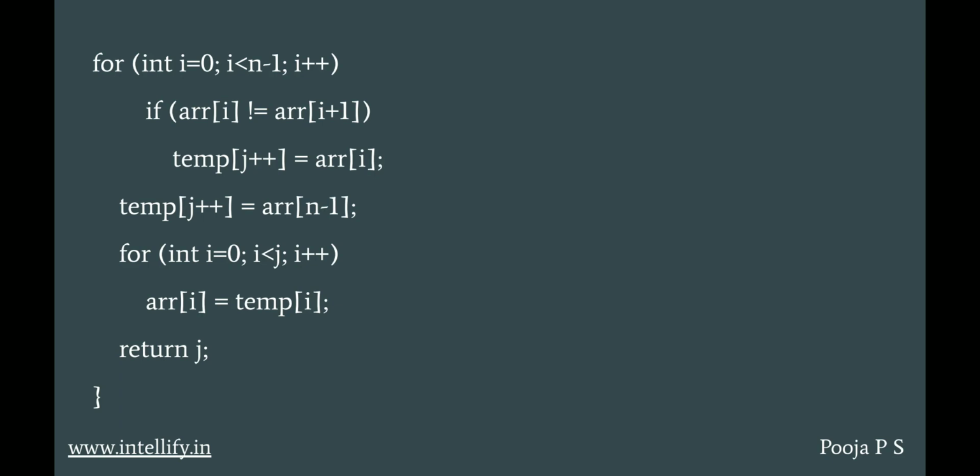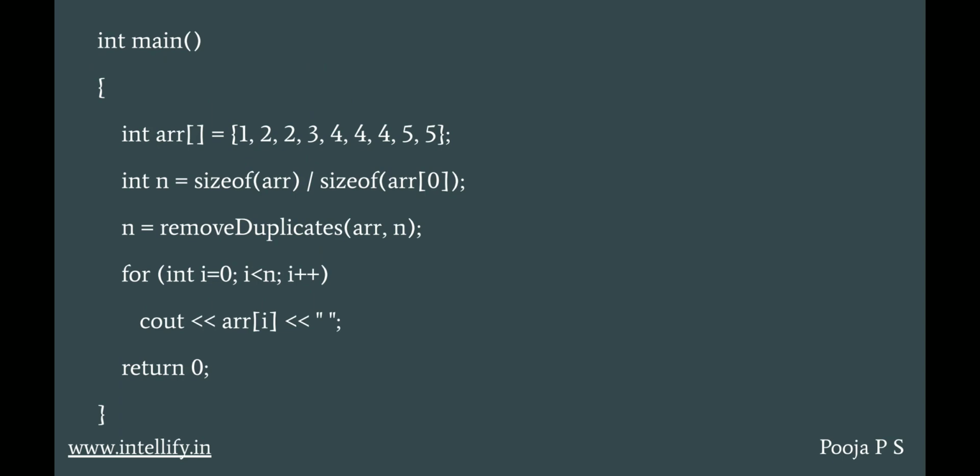And this is the condition where we are storing the last element to the temporary array, as it is either unique or it is repeated, we are storing the last element. And this is the for loop, that is we are modifying the original array here, and this function returns the array where the duplicate elements are deleted.